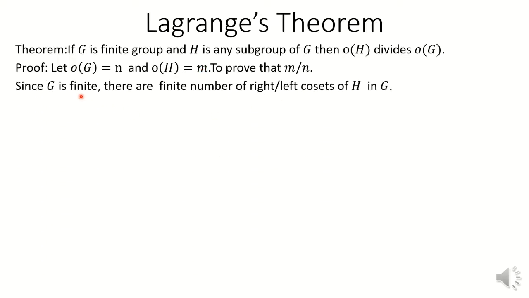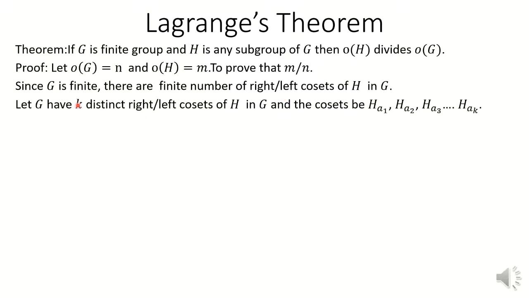Since G is finite, there are finite number of right or left cosets of H in G. Let G have k number of distinct right or left cosets of H in G, and let us take those k distinct cosets as Ha1, Ha2, Ha3, ..., Hak.